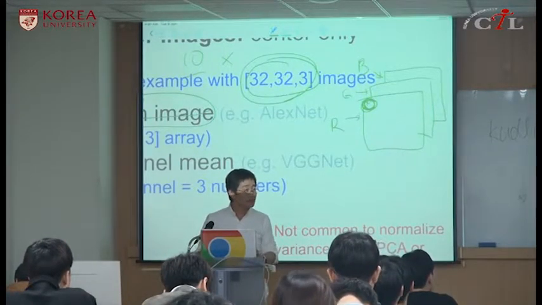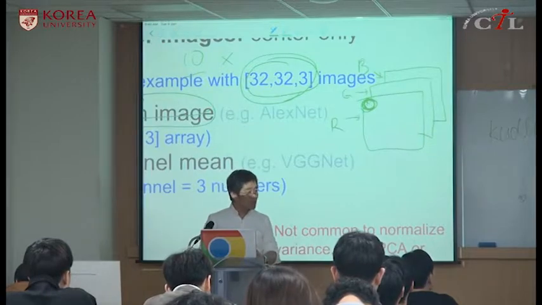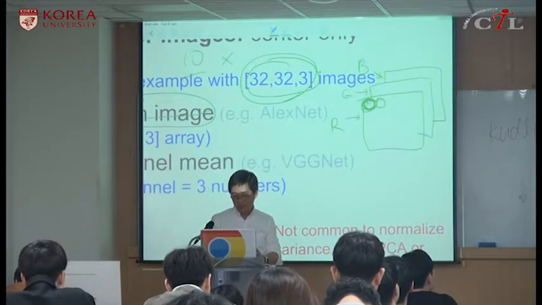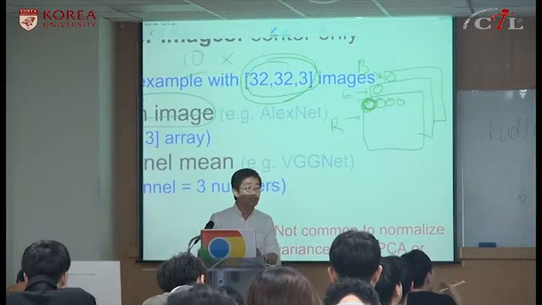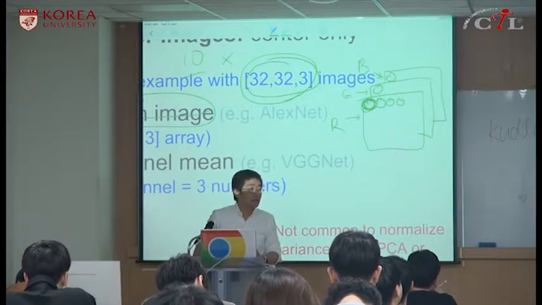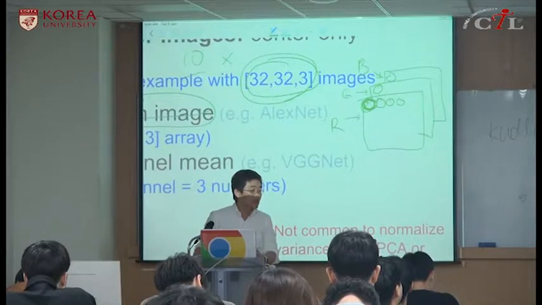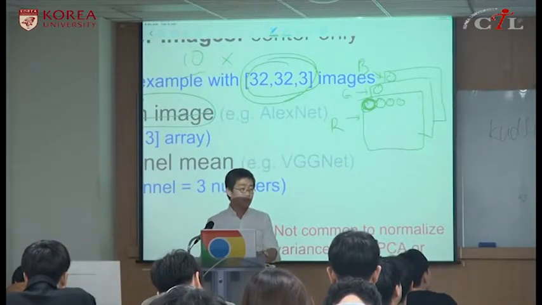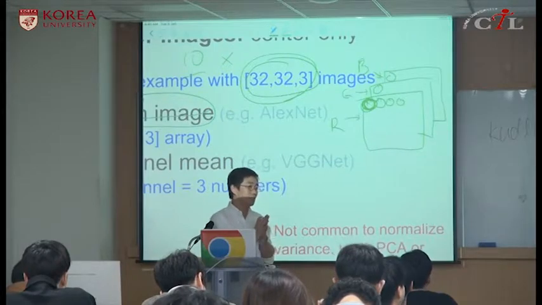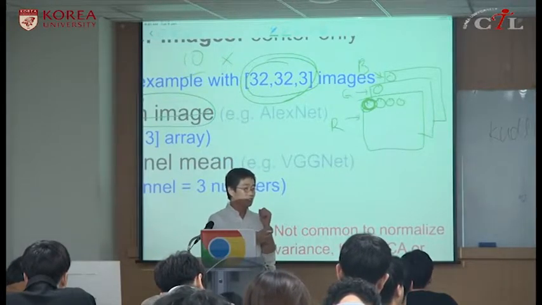So we take this average of these 10 different numbers at each position and also at each channel, right? What is that average result? That is just the average image that we can have from 10 different images, right?